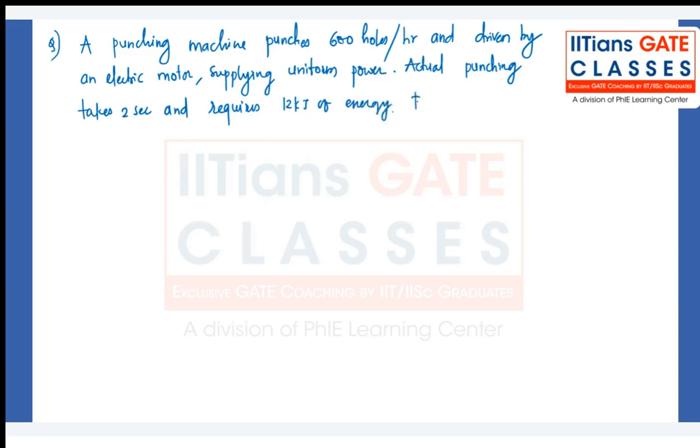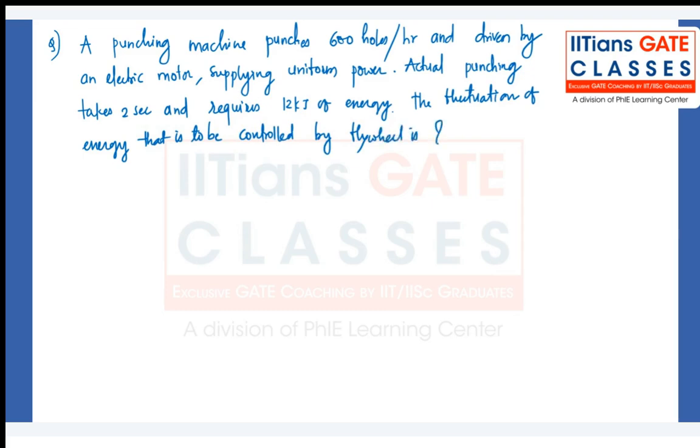The fluctuation of energy that is to be controlled by the flywheel is... The options are like 7.5 kilojoule, 8 kilojoule, 9 kilojoule, and 6 kilojoule. Okay, try to solve this one.